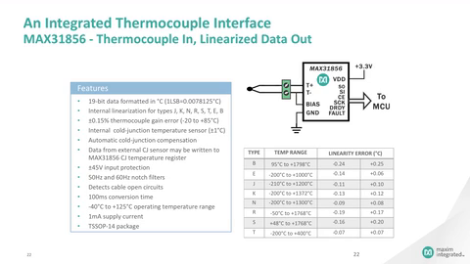Overall accuracy of the MAX31855 is roughly plus or minus 4 degrees C when all errors are taken into account. The successor to that device is shown here, the MAX31856. This device offers a number of improvements over its predecessor.